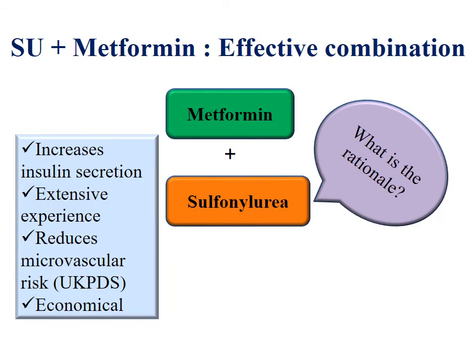Combination of sulfonylurea with metformin represents an effective combination in lowering plasma glucose level because sulfonylurea tends to increase the insulin secretion, and metformin will decrease the production of glucose from the liver.